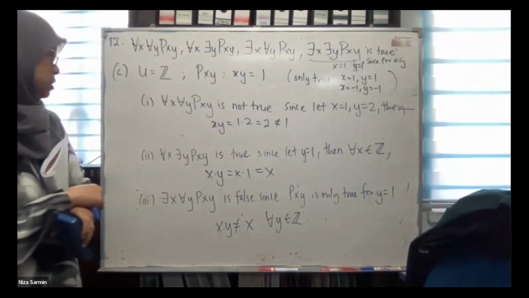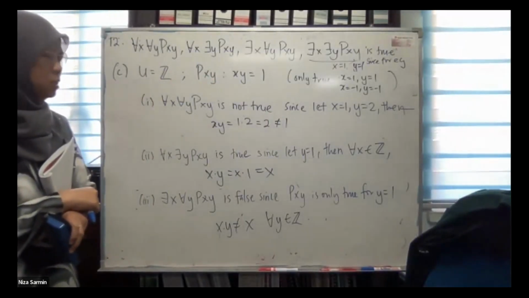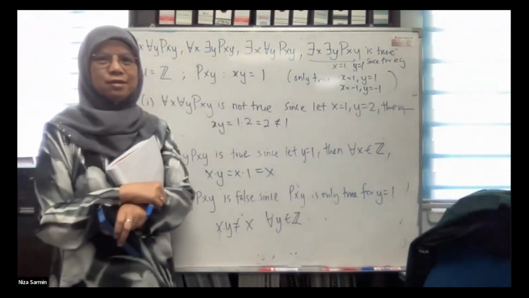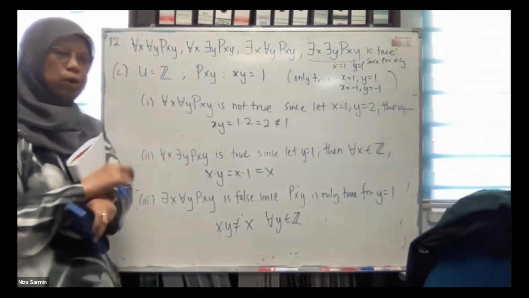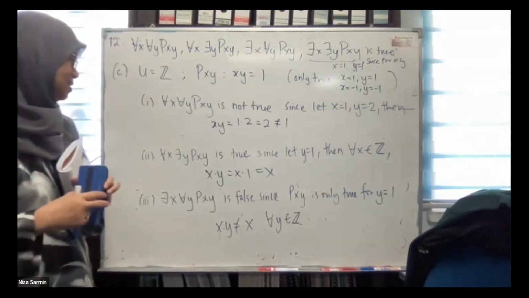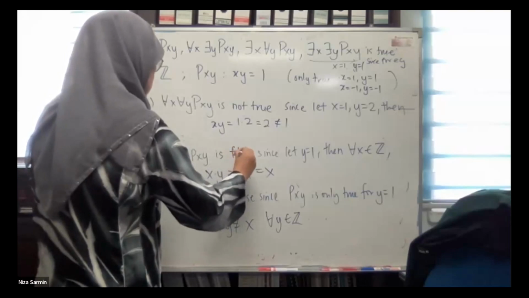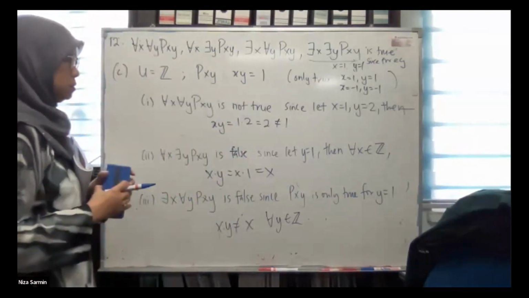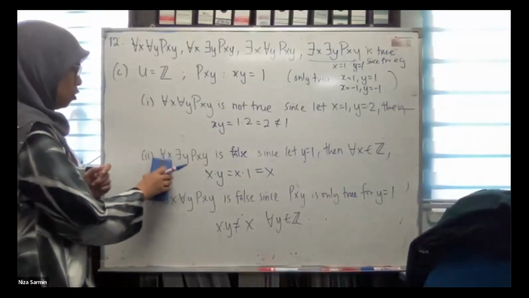What about this? For all x, there is a y. It's not true for all x, right? For example, if x is 2, what is y? So this is false. We want for all x.